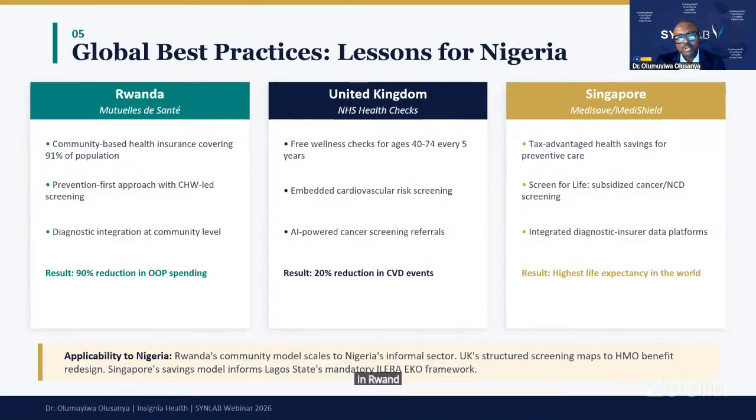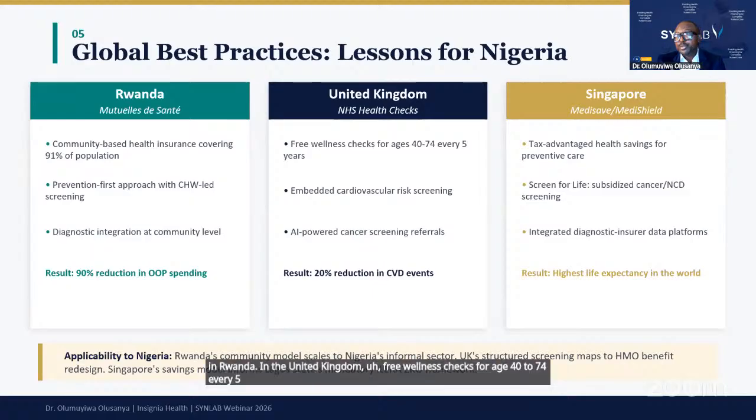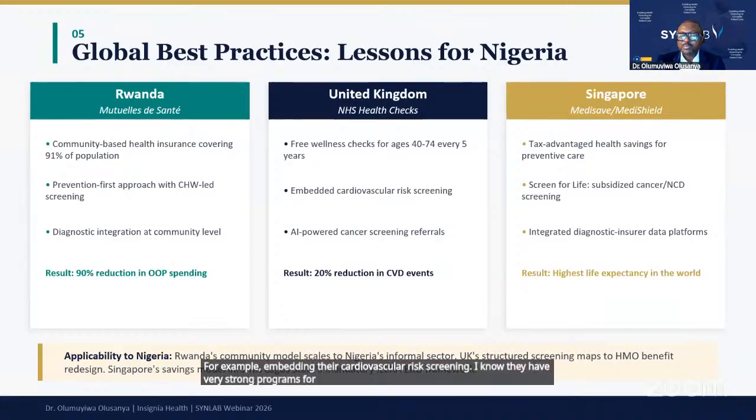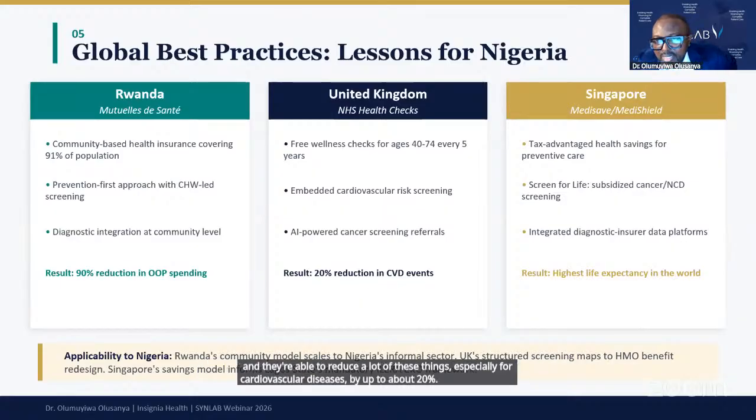In the United Kingdom, there are free wellness checks for ages 40 to 74 every 5 years, and for people with certain chronic diseases, for example, embedding cardiovascular risk screening. I know they have very strong programs for diabetics, people with kidney disease, asthma, and all that. And they're able to reduce a lot of these things, especially cardiovascular diseases, by about 20% yearly.